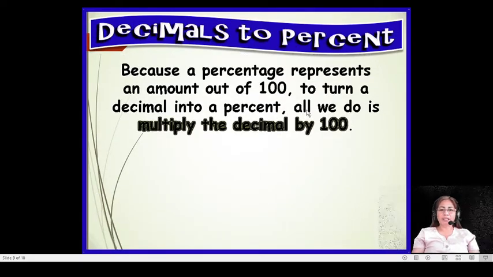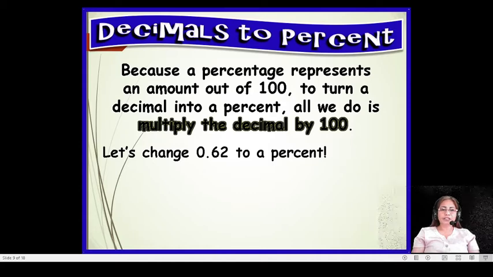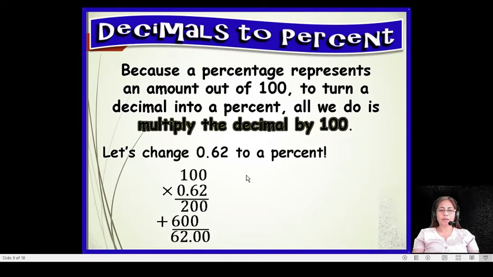Because a percentage represents an amount out of 100, to turn a decimal into a percent, all we do is multiply the decimal by 100. Let's change 62 hundredths to percent. So 62 hundredths times 100 equals 62.